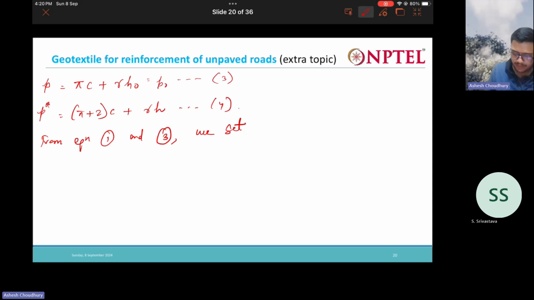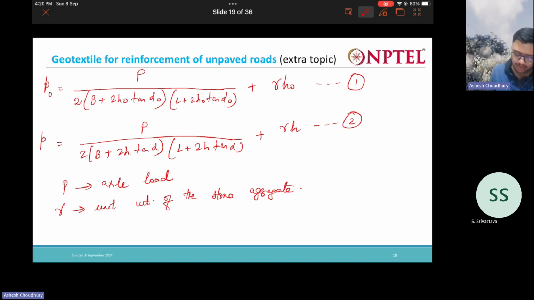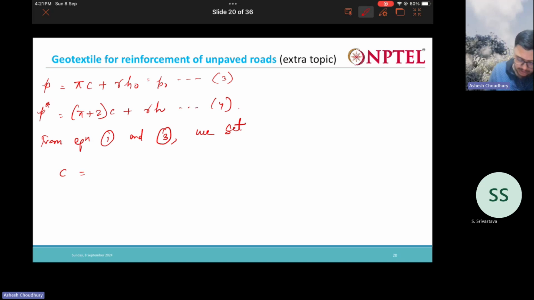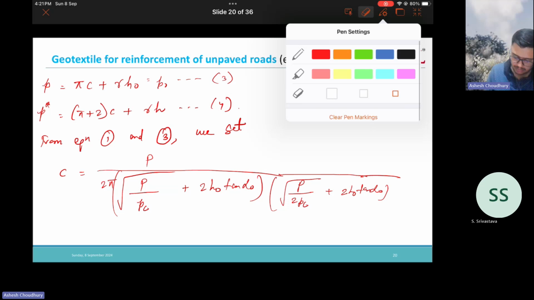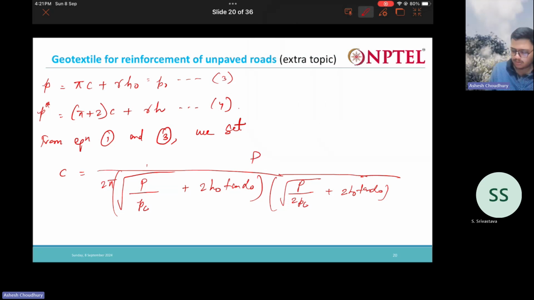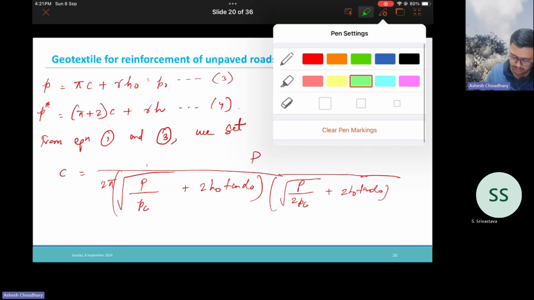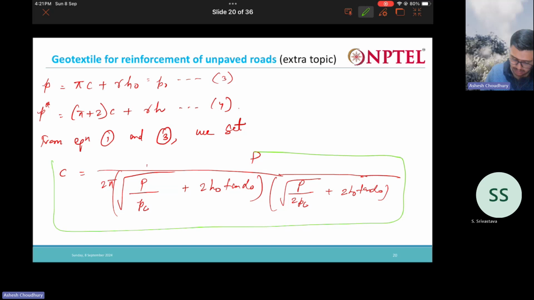So from equation 1 and 3, if in the LHS you put pi c plus gamma into H naught, and on the RHS you have this P by, from here you can get C is equal to, and we can substitute all the terms and get this H naught. We will solve a problem and see.